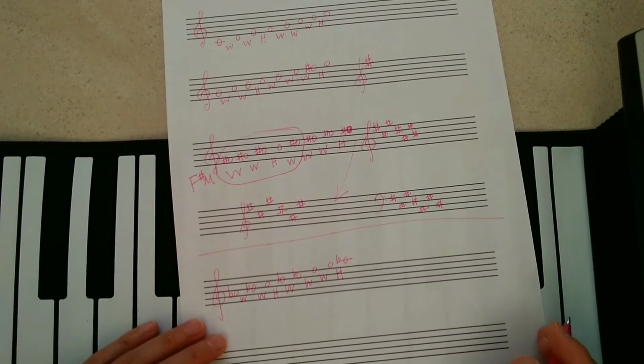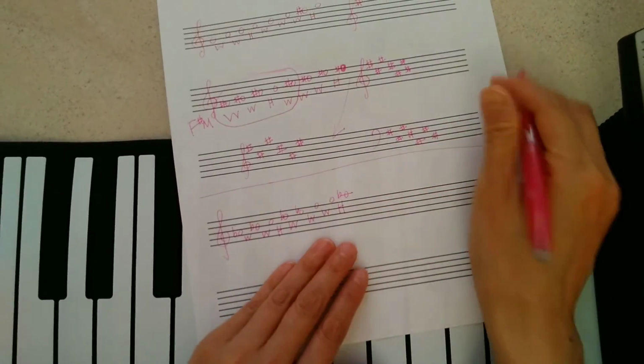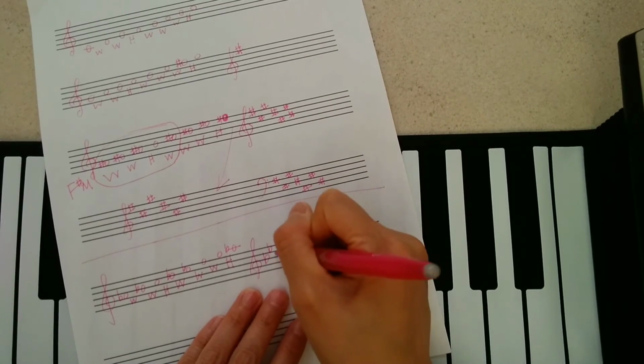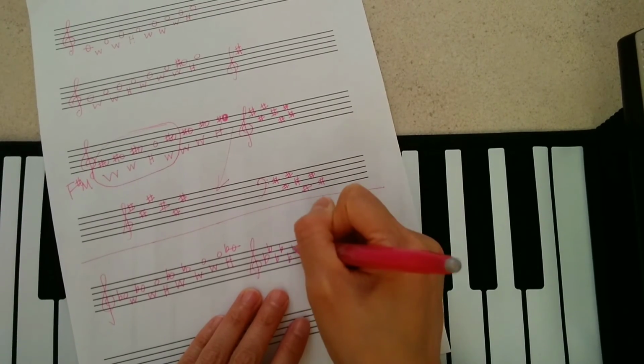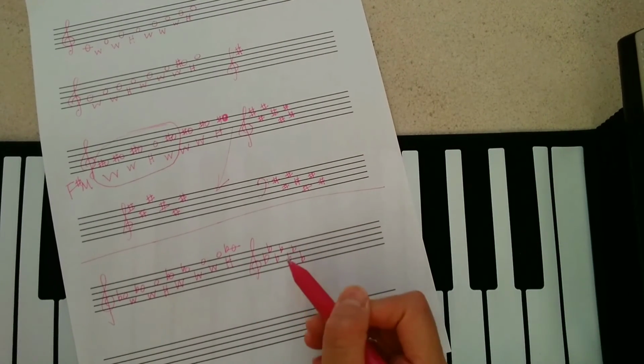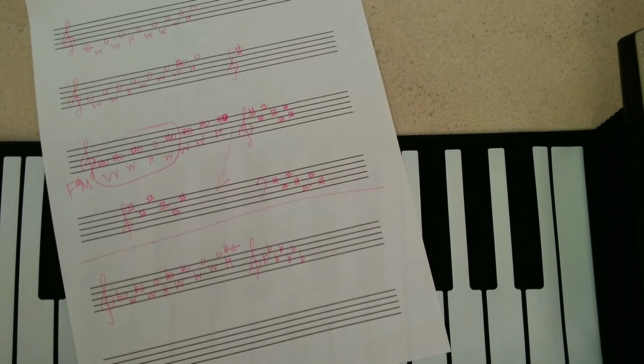The shortcut for flat keys is different. For flat keys, if you write it out, the order of flats goes B, E, A, D, G, C, F.